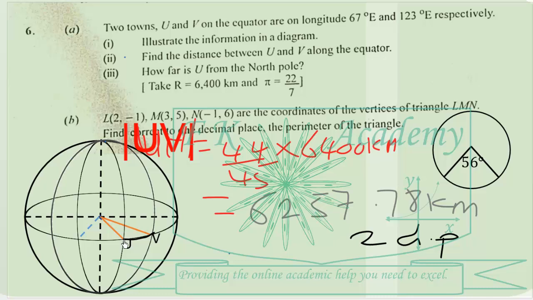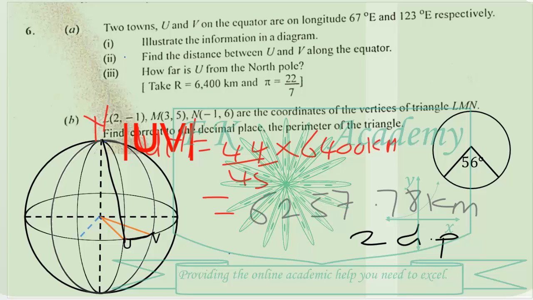Then we are also asked to calculate how far U is from the North Pole. You remember that the North Pole is here and U is here. So the distance from the North Pole to U will be like this. That is a straight line.